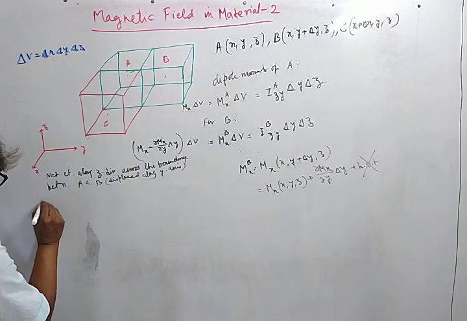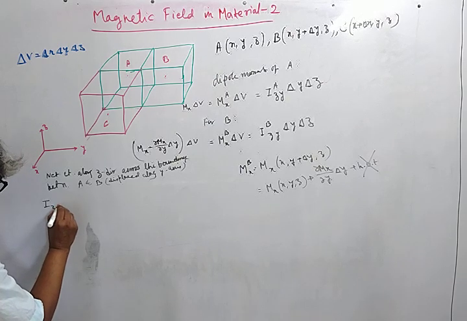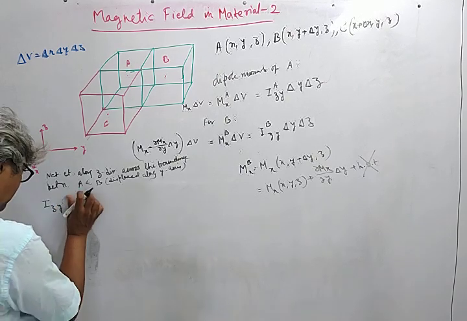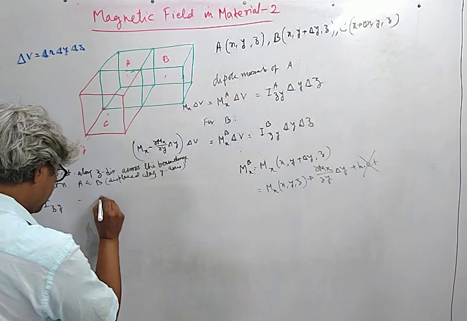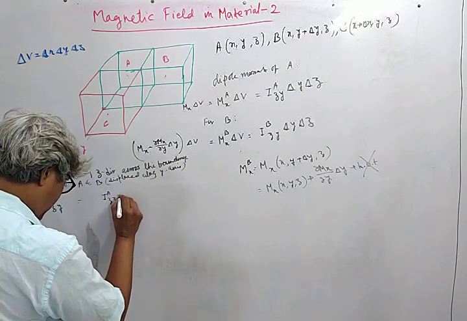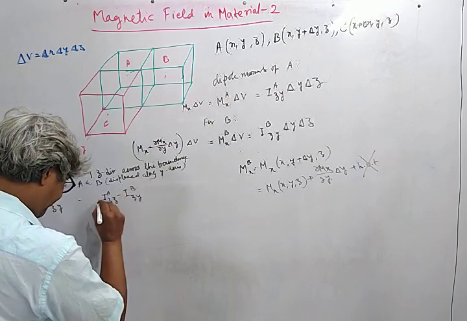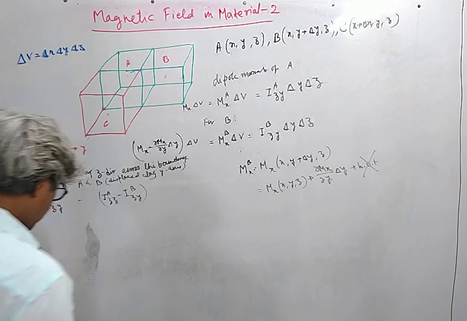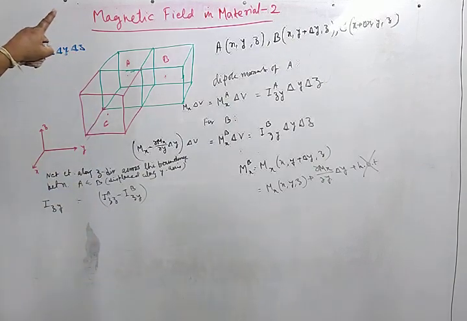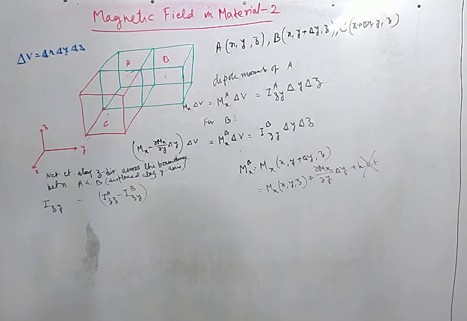This is I_zy. It is equal to I_zA minus I_zB, because I_zA is in the positive z direction and I_zB is in the negative z direction.